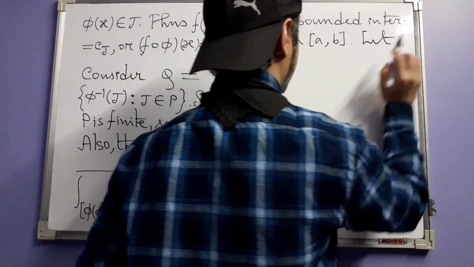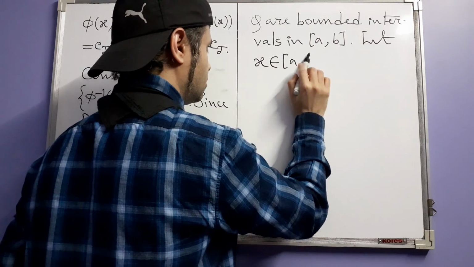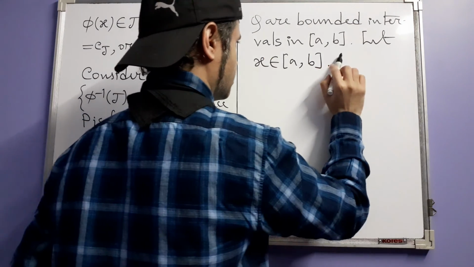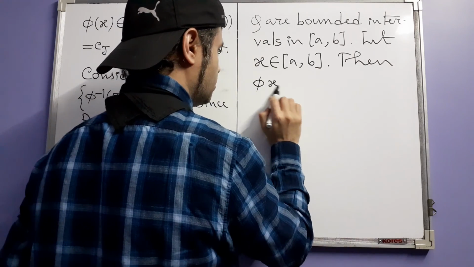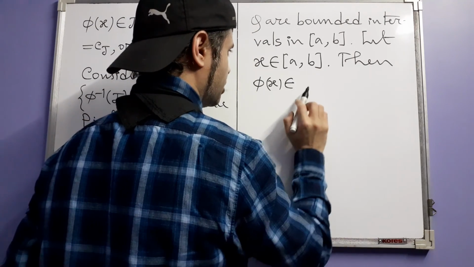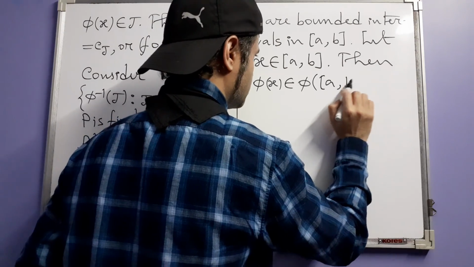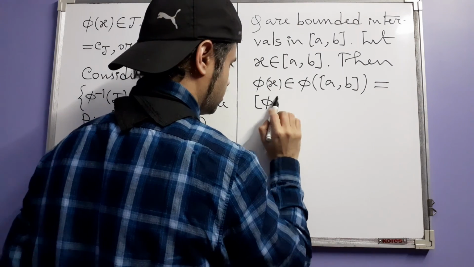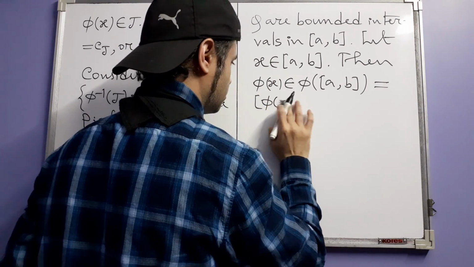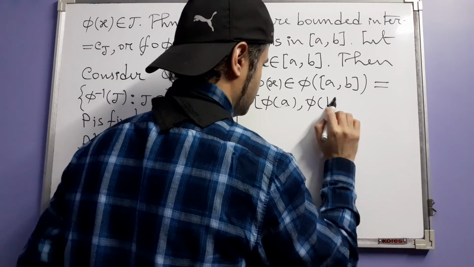So towards that direction, let X be any element in this. Then phi of X belongs to phi of this, which is just phi A, phi B.